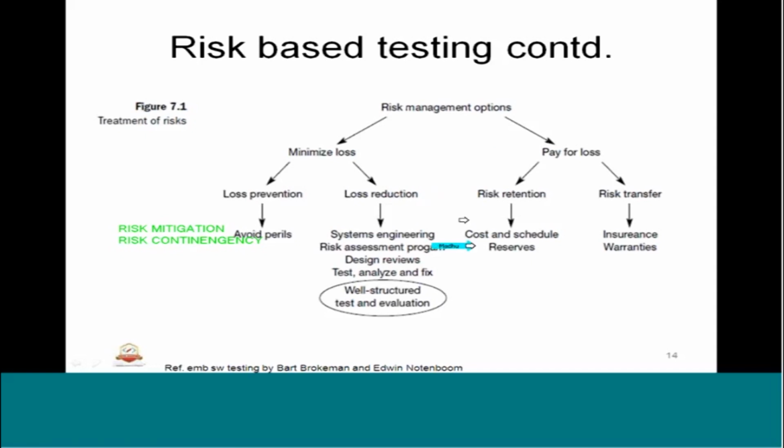That means we have a reserved cost for that. We are going to retain that risk and pay for it, or we are going to transfer that risk so that somebody else can continue on. So this is basically a management thing, and if that is coming under warranty and all that, as part of that, it is taken care of.